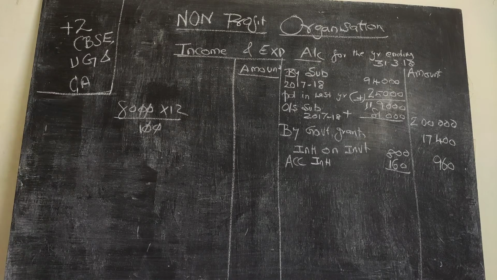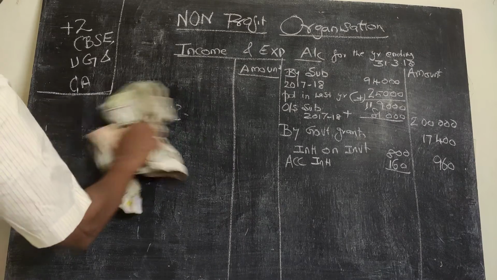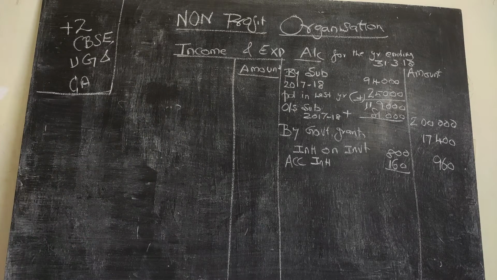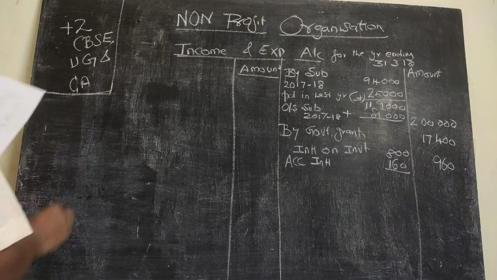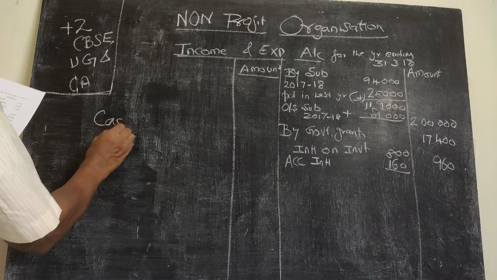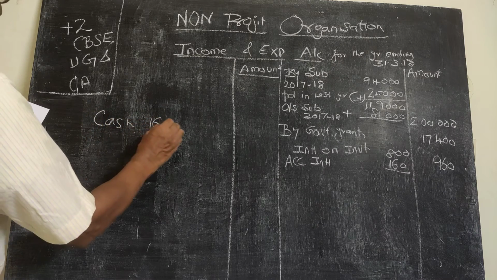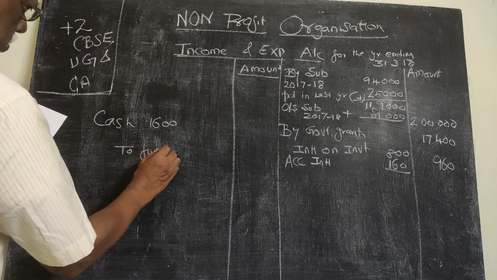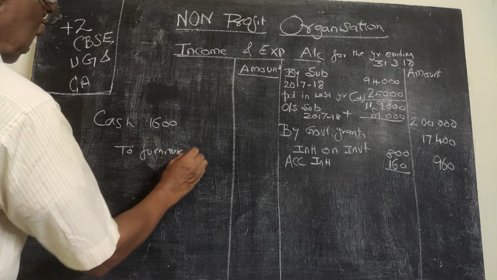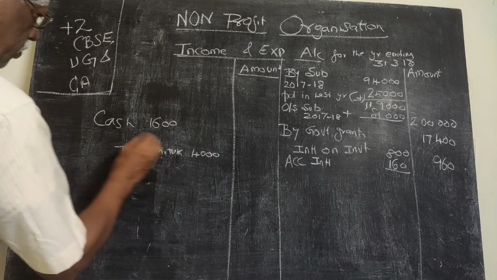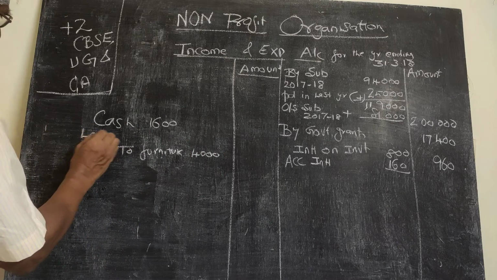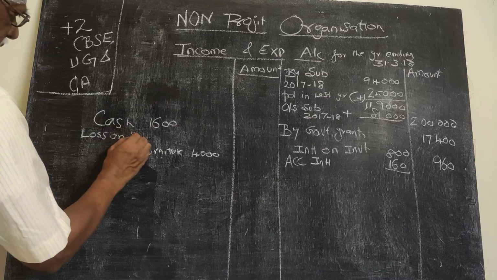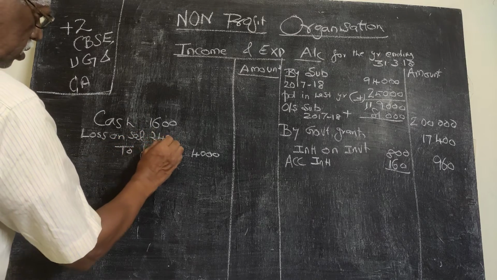And then sale of old furniture, 1,600, whereas the book value is 4,000. So cash account 1,600, but the furniture value is 4,000. Therefore, the remaining is loss on sale of furniture, 2,400.